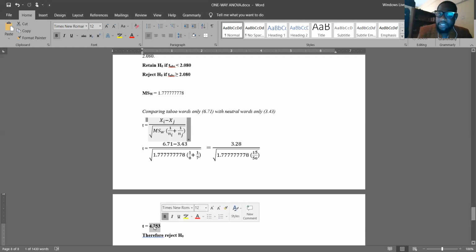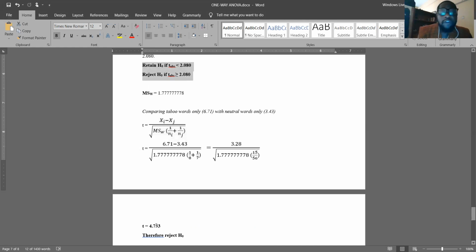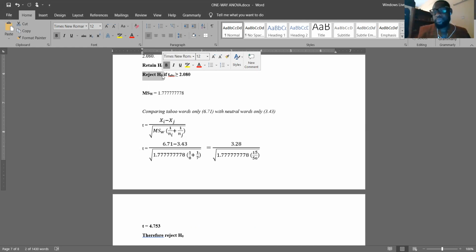And per this, when you compare this with the decision rule we've stated here, you could see that 4.753 is greater than 2.080, meaning that we are supposed to reject H0. And when you are rejecting H0, it implies that you are telling your reader that there is a significant difference between the groups that you were comparing.